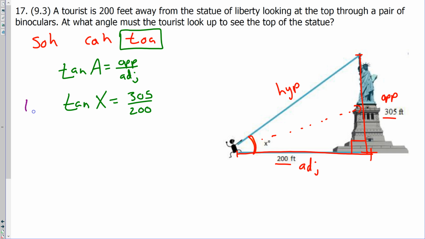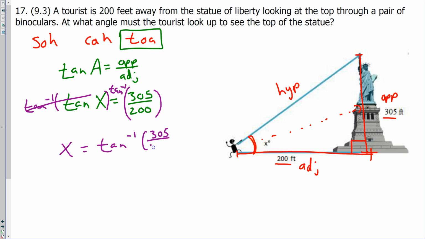And so to undo the tangent and free up my variable, so it's all by itself, I need to do the opposite of tangent, which is called the tangent inverse. Right? It's a little tangent with a -1 on there. So when I apply the tangent inverse, it's going to cancel out my tangent. So x is by itself. And what I need to calculate is the tangent inverse of 305 over 200.